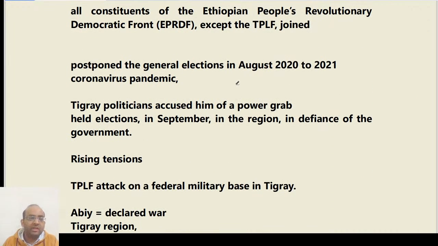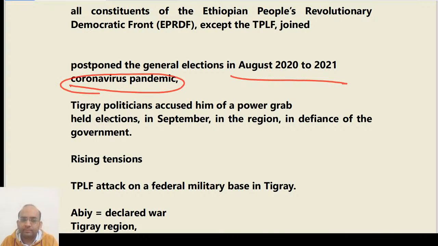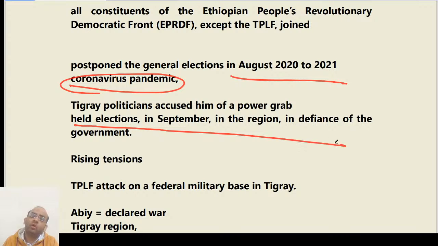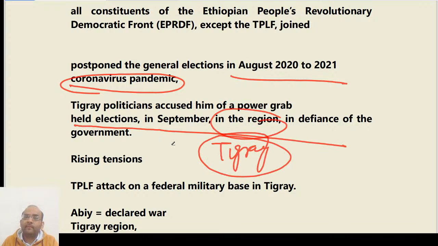He has postponed the general elections in August 2021, citing the coronavirus pandemic. A Tigray politician says he is doing so to remain in power for a longer period of time. So they held elections on their own in the Tigray region, in violation of the order of the government.